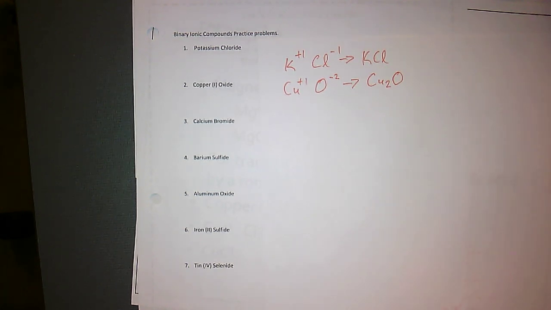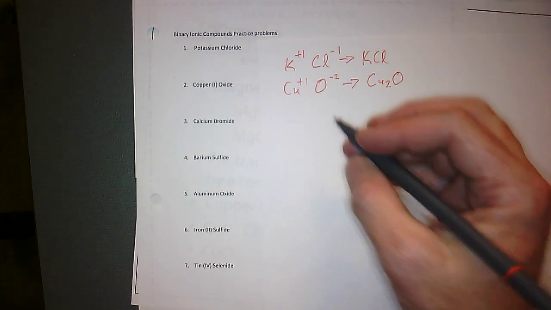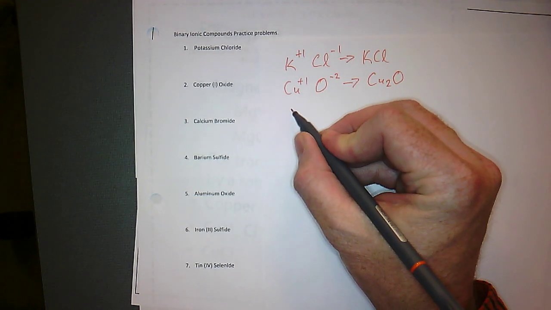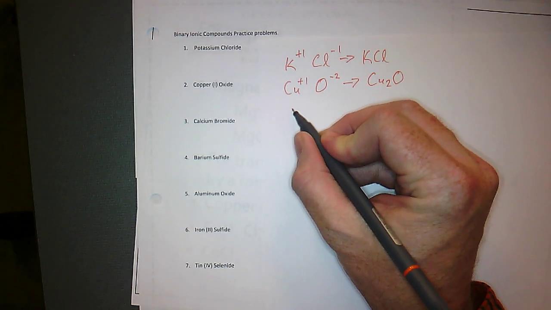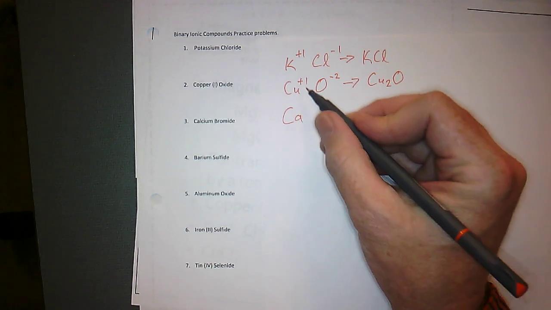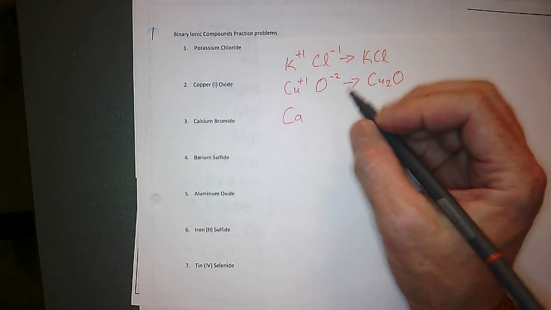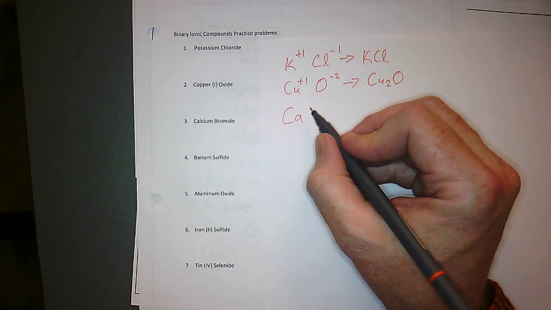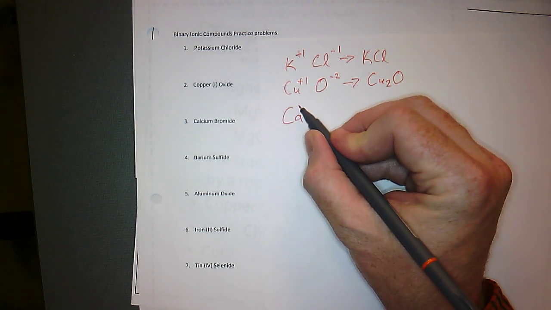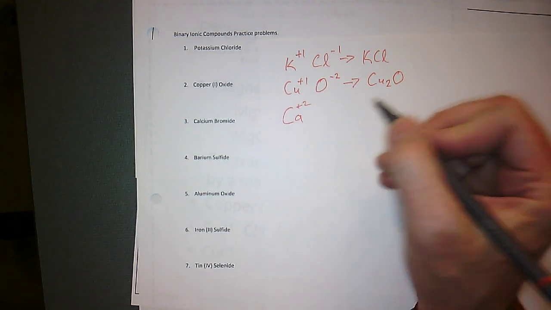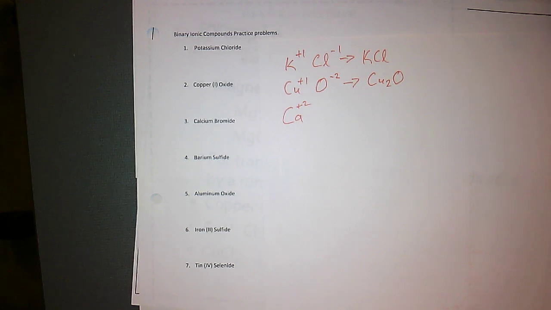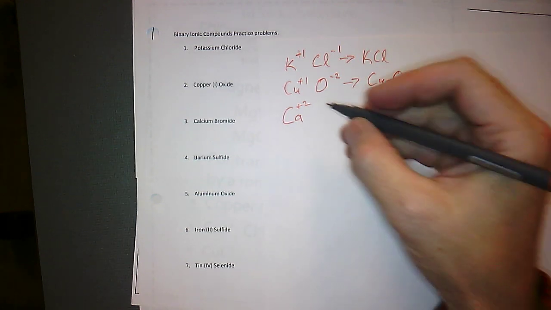Are you guys seeing how this works? Yep. One more. Calcium bromide. What's the symbol for calcium? Ca. And again, see how my handwriting's really bad, so make sure you make your symbols nice. What is the charge for calcium? +2. And then bromide, what element's that going to be? Bromine. What's its symbol?